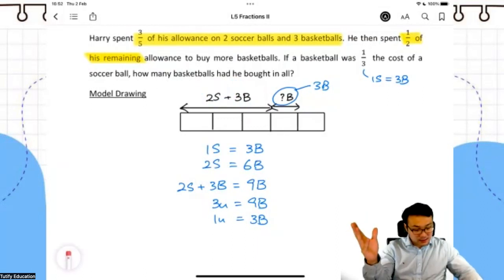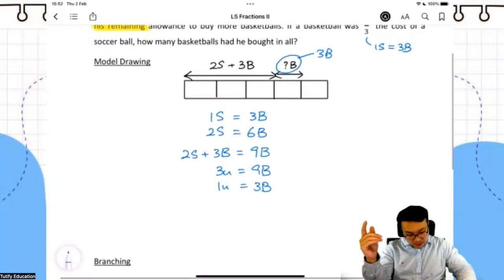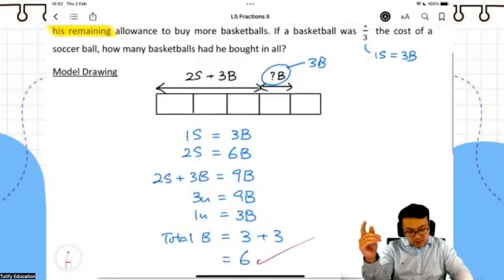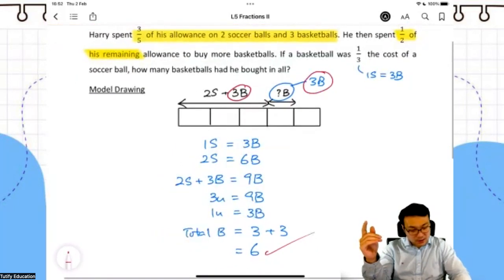That is the reality. So, Kate, you got it, okay? Uzier, you got it. How many basketballs did they buy? He bought 3 here, correct? 3 basketballs here, and another 3 here. So altogether, how many? Total basketballs equals 3 plus 3. 6. He bought 6 basketballs. 3 here plus 3 here.